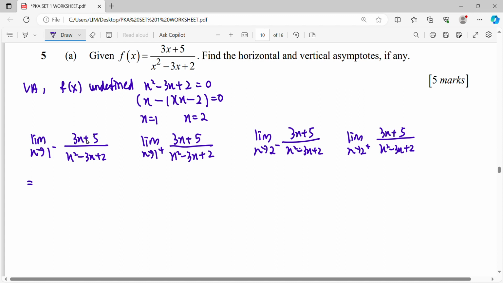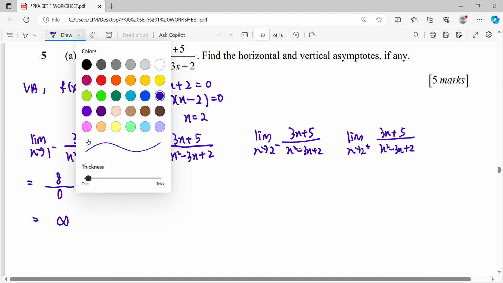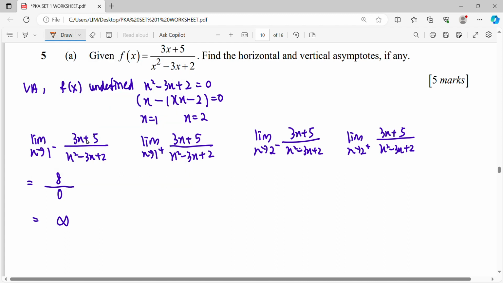So when we substitute x equals 1, it gives us a value of 8 over a denominator equal to 0. When we have 8 over 0, the calculation will bring us to infinity. Whether it is positive infinity, we have to test with a calculator. So test x approaching 1 from the left hand side, which means 0.9.